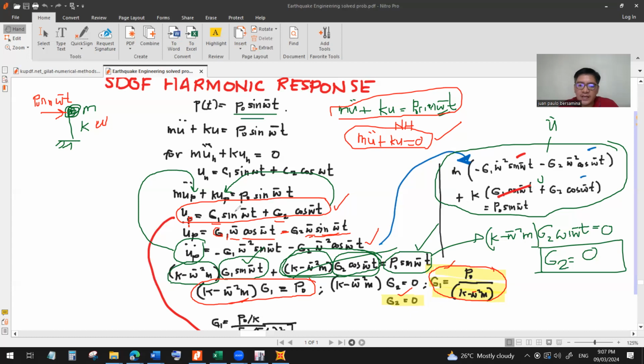Then, you can now plug into the assumed solution, u sub p. Okay? Since this term is 0, only this will remain. Okay? So, you have u sub p is equal to G1 sine omega bar t. Okay?